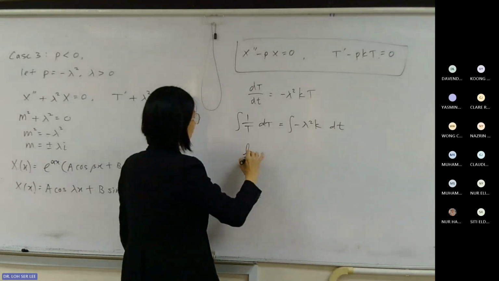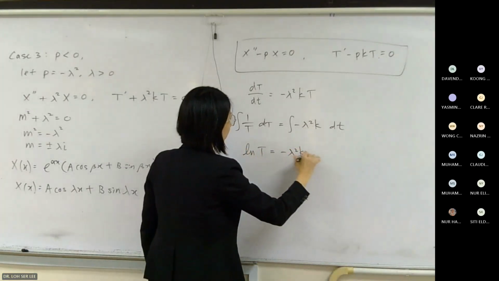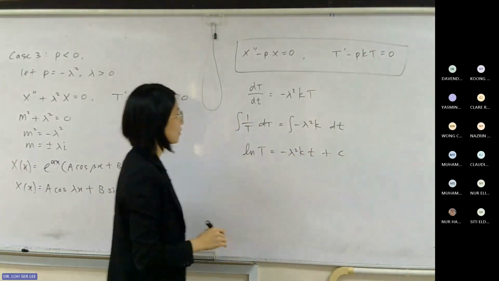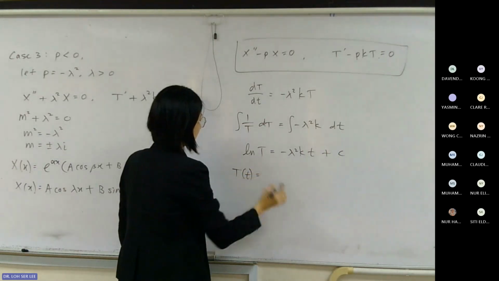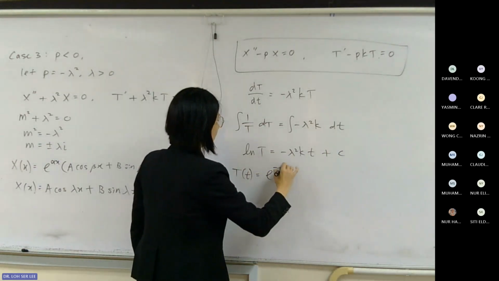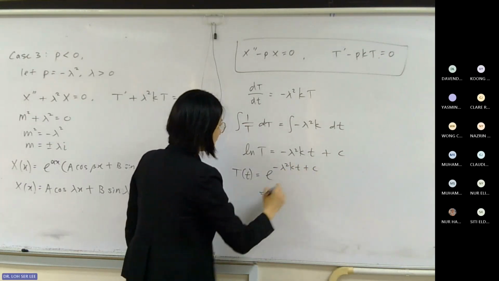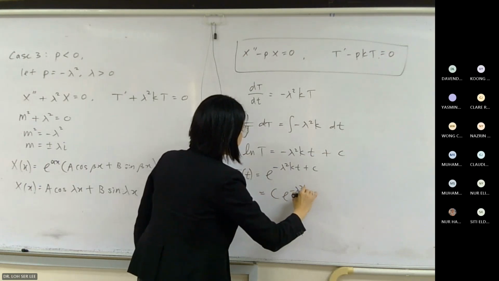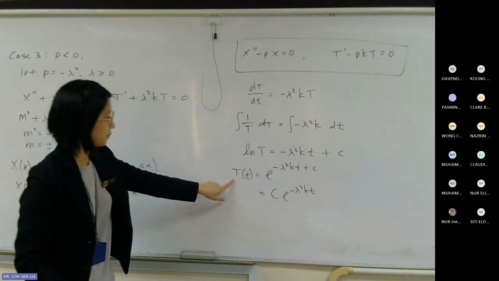So you get ln T equals kt plus a constant, lowercase c. Then what we want is T, so the ln here will become exponential. That means e to the c, we assume e to the c as capital C, same as the one just now. Okay, so this is your T.